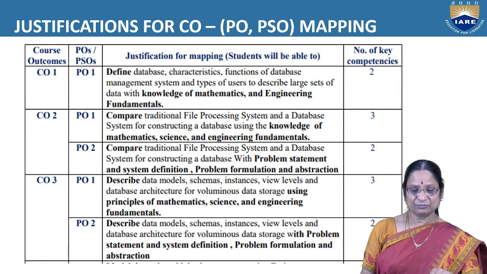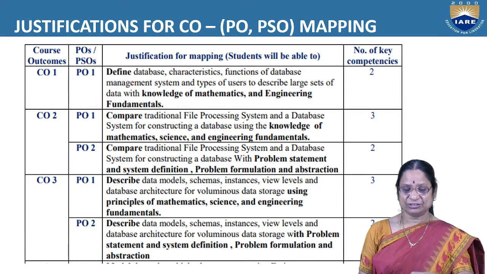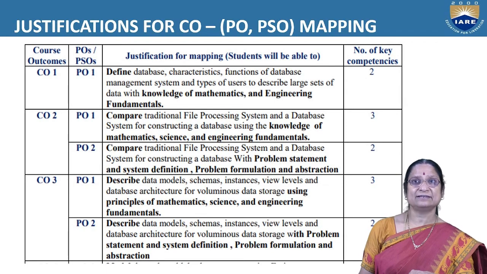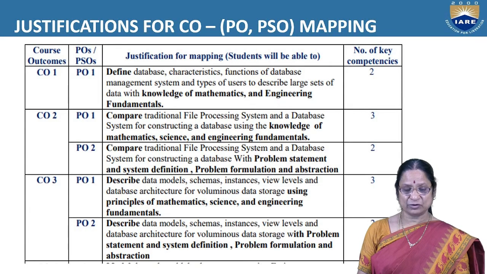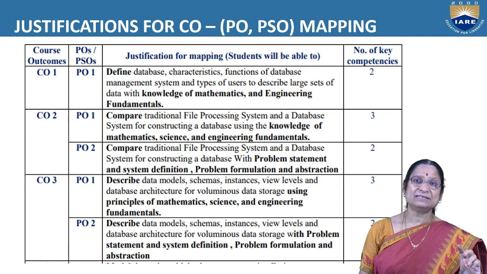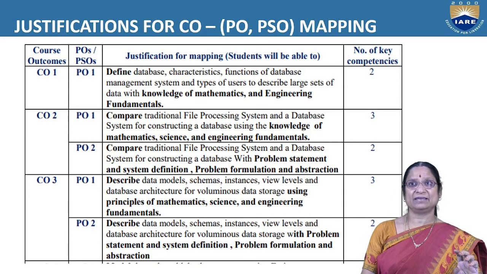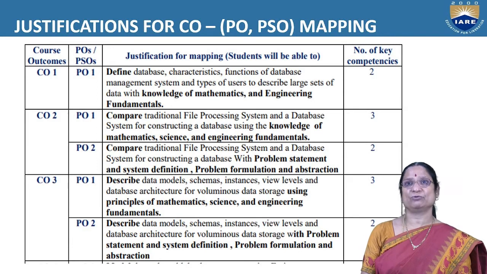These are going to be done with the knowledge of mathematics, as I explained to you, set theoretical concepts, etc. Some mathematical concepts are required. Engineering fundamentals, that is minimum programming, as well as data structures, are required. So we are using these two, that is knowledge of mathematics and engineering fundamentals. Two key competencies are mapped here. So that's why the strength is going to be 2.